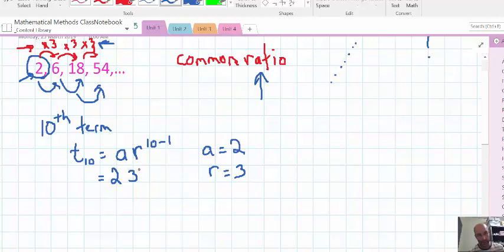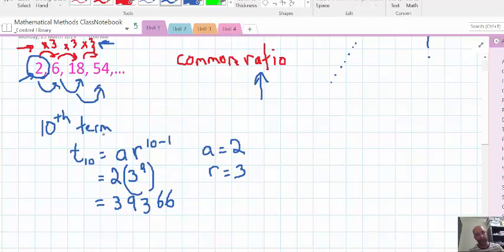2 times 3 to the 9. Now remember your order of operations, you need to raise it to the power before you multiply. And then we grab our calculator. 39,366 I get.